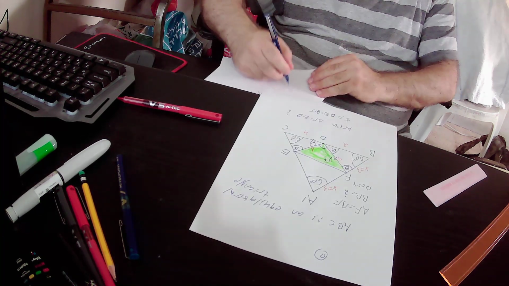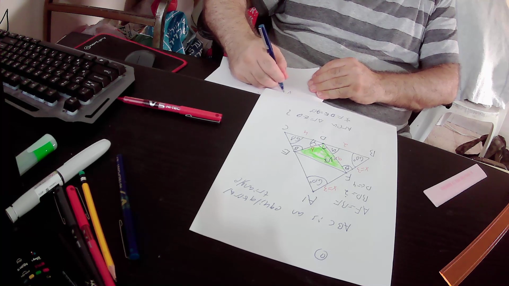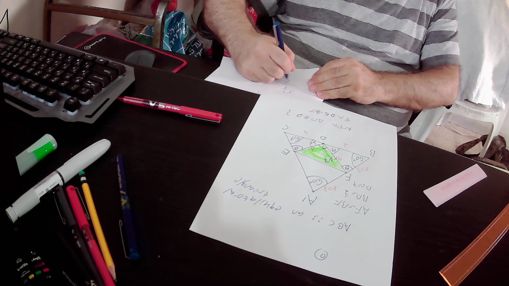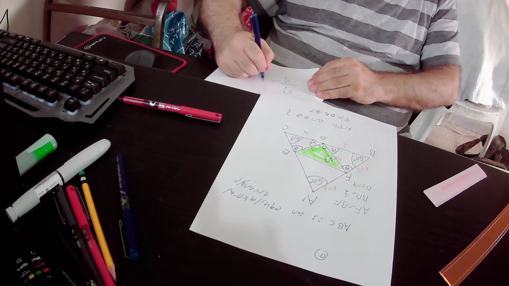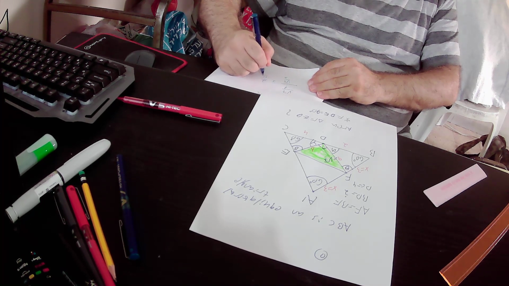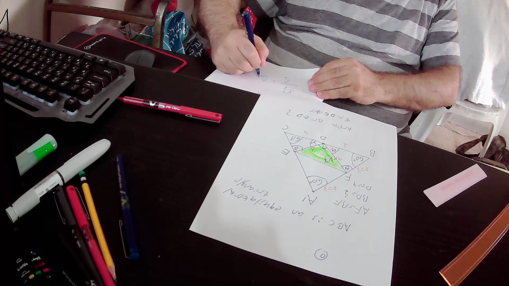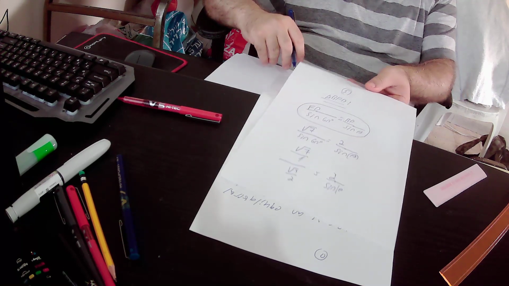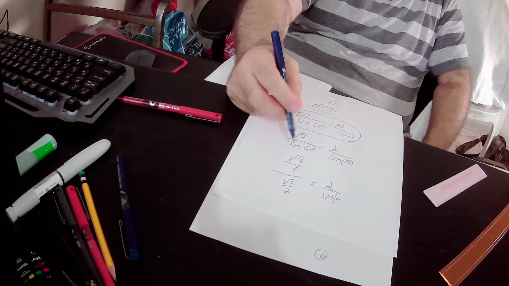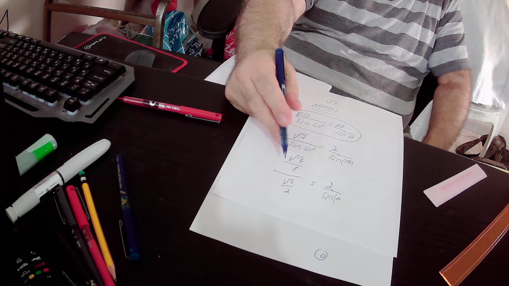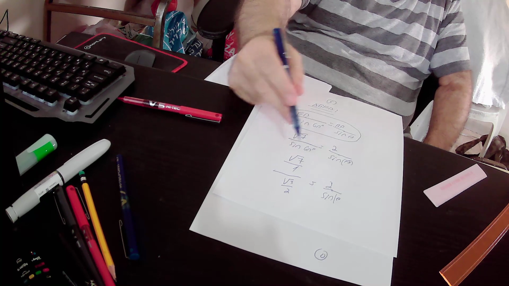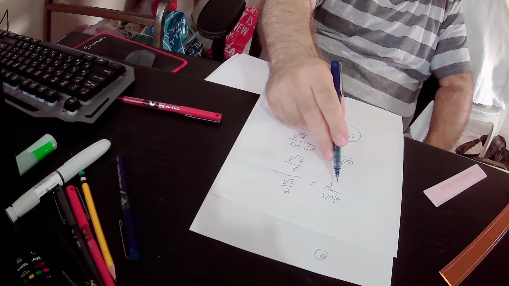So we have root of 7 over root of 3 over 2 equals 2 over sine theta, because sine 60 equals root of 3 over 2.